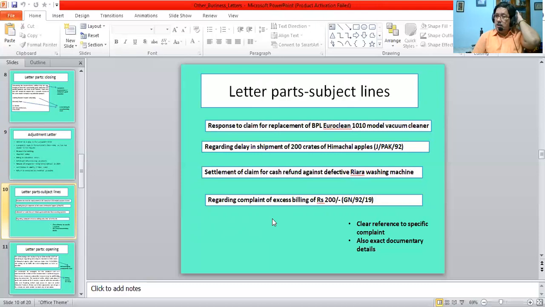So that's also given over there. So in the subject line, basically we indicate the nature of the claim that is made on behalf of the customer, the company, and to which the company is replying, together with certain specifics or documentary details.